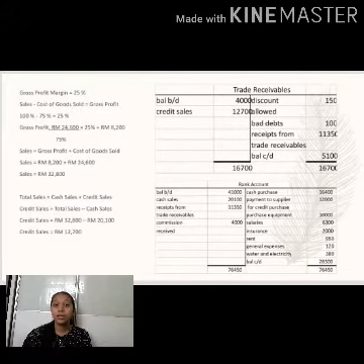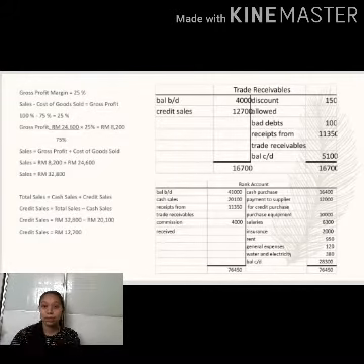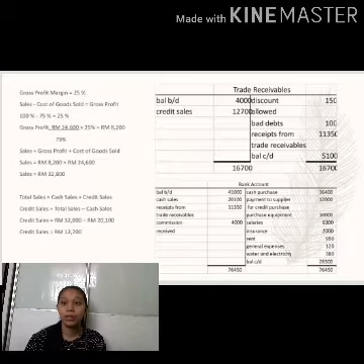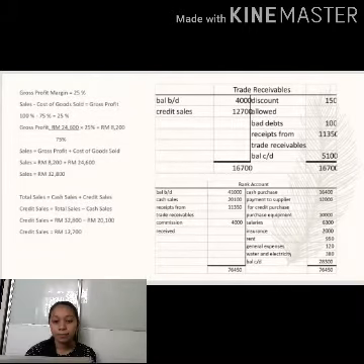So the sales will be 32,800. Then credit sales equal 32,800 that we got from the sales above, minus the 20,100 that has been given in the question. So the credit sales will be 12,700.